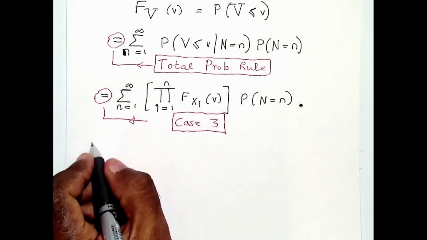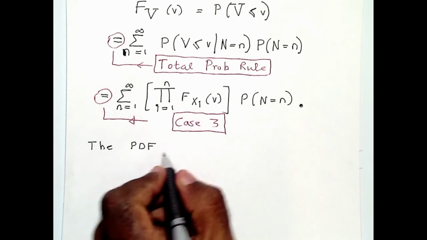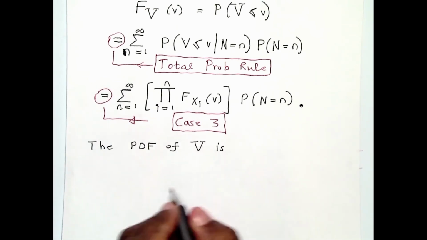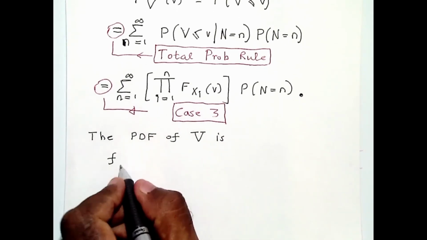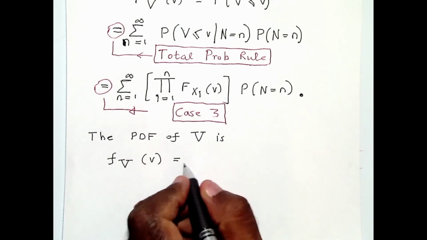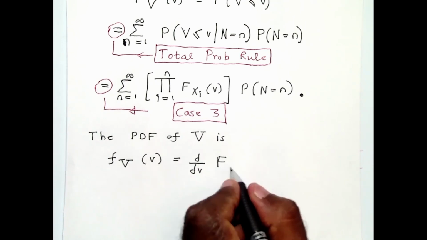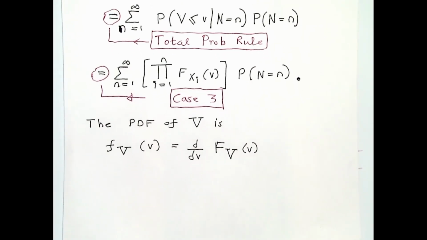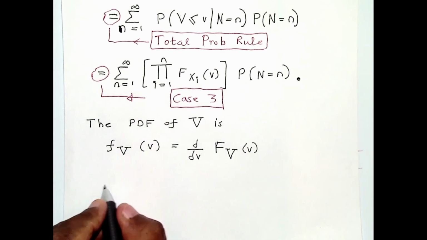Now the PDF of V under case 4 is as follows. Once again, I'm going to use the product rule I mentioned earlier. So you will get the following.